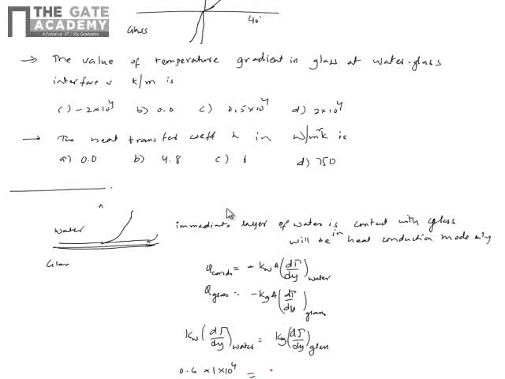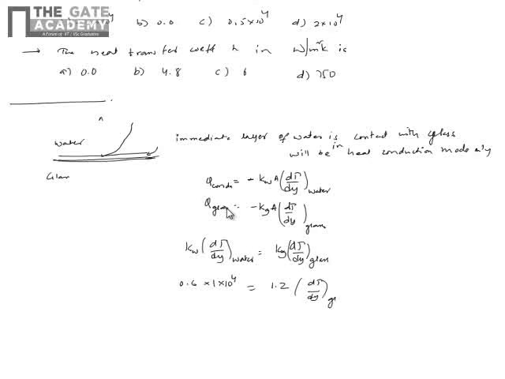Thermal conductivity of glass is 1.2. I need to find dT/dy for the glass. So dT/dy for the glass would be half of 1 into 10 power 4, that is 0.5 into 10 power 4. So the answer for the first bit is C.